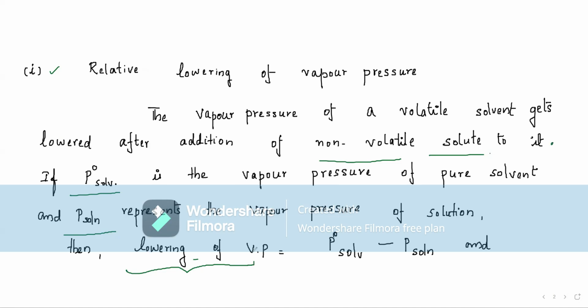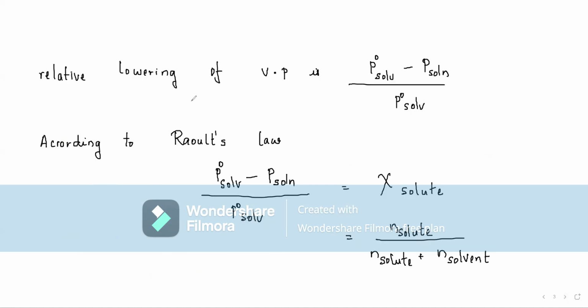Then what will be relative lowering of vapor pressure? It is the lowering of vapor pressure divided by the vapor pressure of pure solvent, that is, P naught of solvent minus P of solution by P naught of solvent. This expression is called relative lowering of vapor pressure.